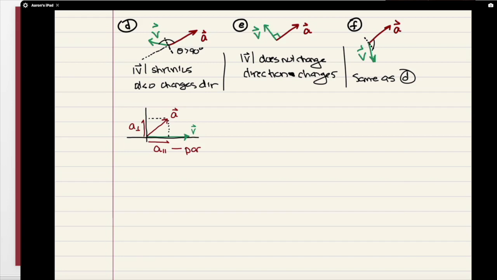So this is the parallel component, and this is the perpendicular component.